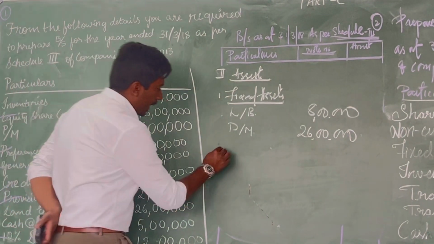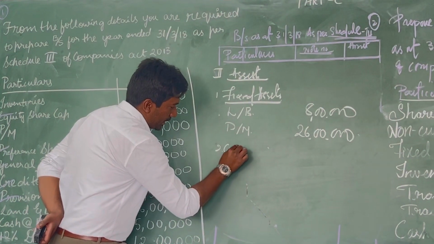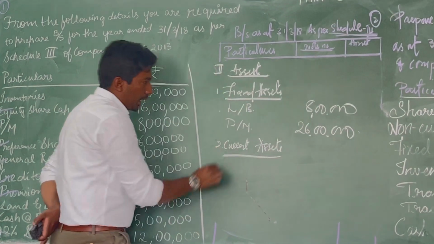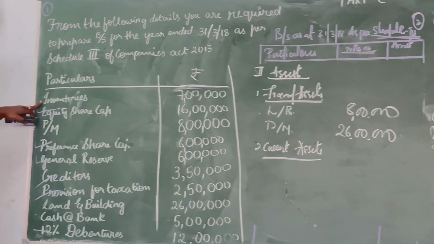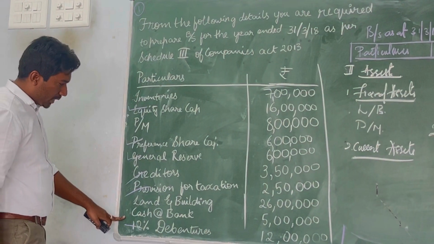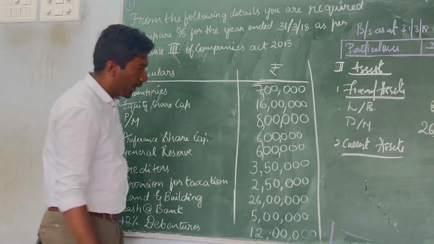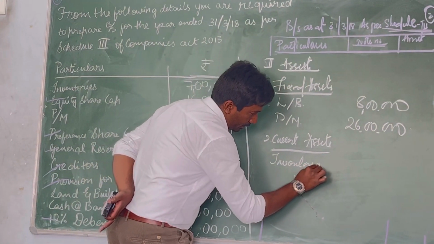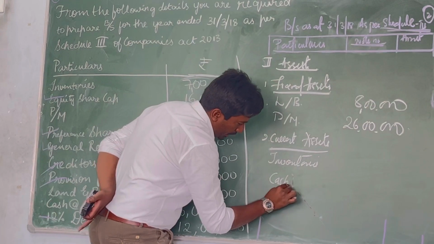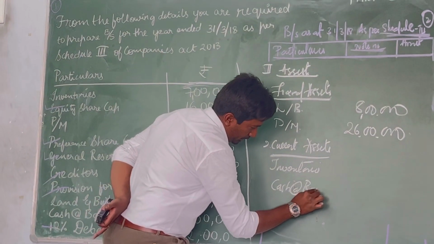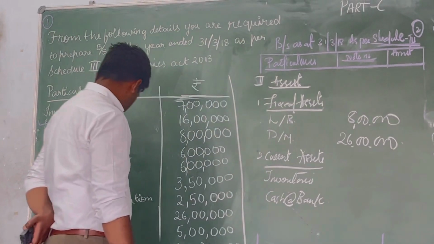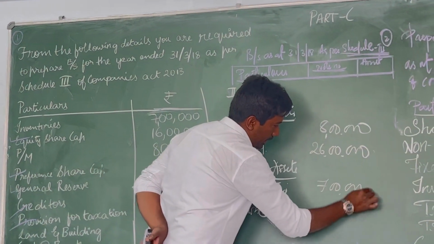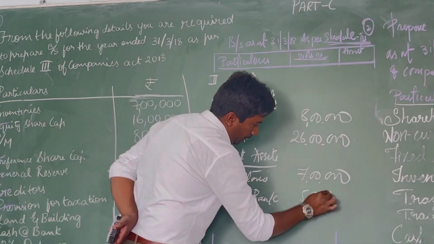Next heading is current assets. Correct? First items they have given are inventories and cash at bank. These are the two items we have, right? Inventories 7 lakh and cash at bank 5 lakh.